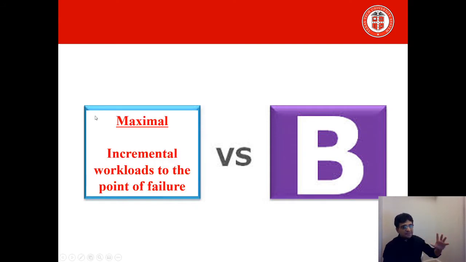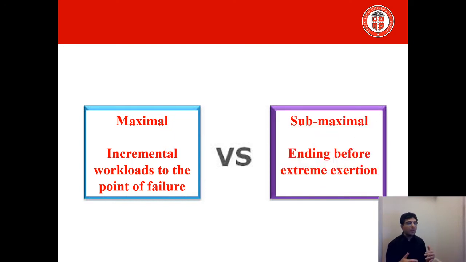Maximal exercise testing means that we increase our workload to the point of failure, to the point where the person can't do it anymore, versus submaximal testing, which means that we will end or stop the test before extreme exertion. So it's just before, or just when the person says that he can do it a bit more, stop the test. Point of failure versus before the point of failure.